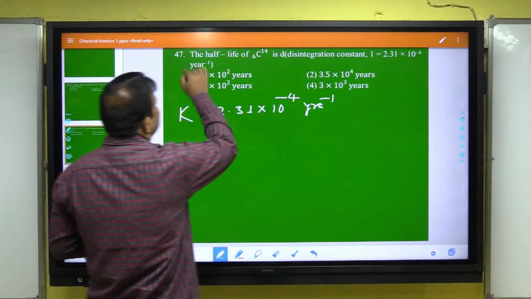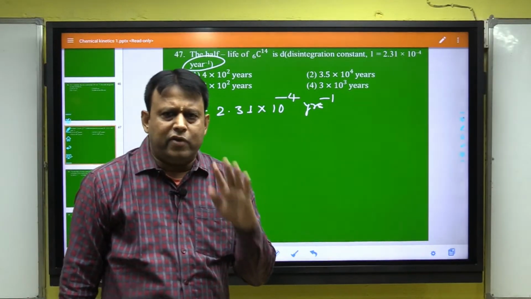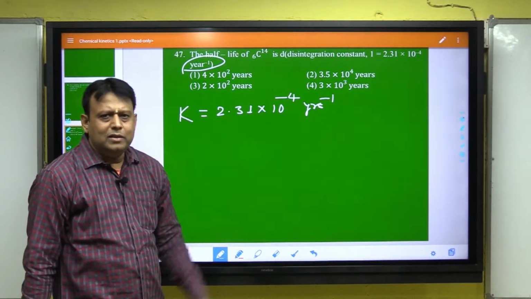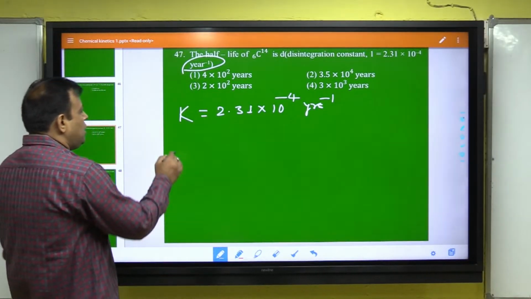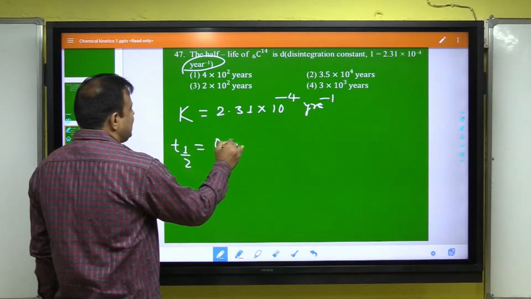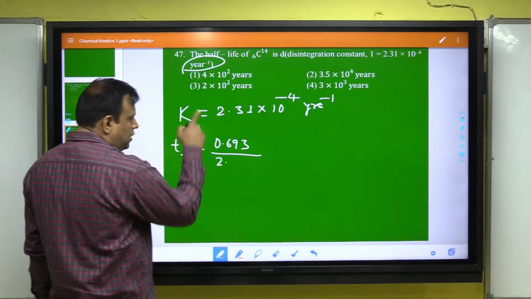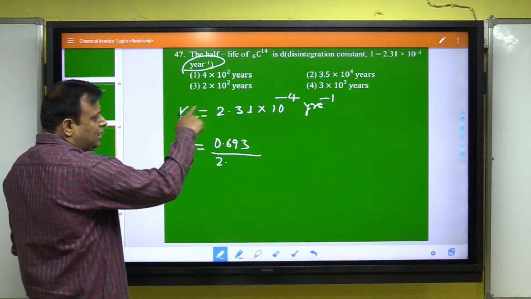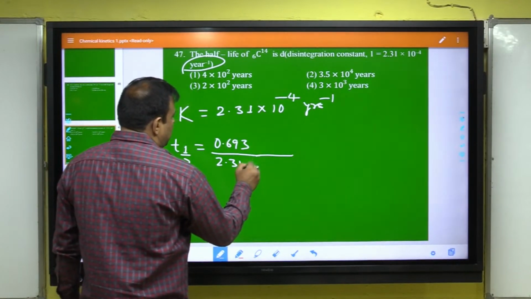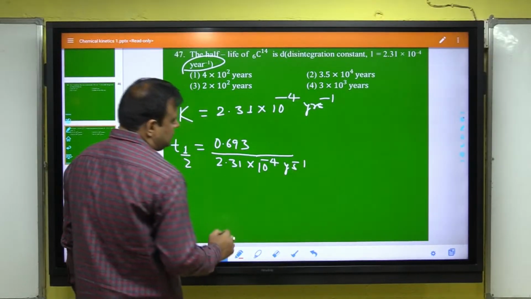And when it is years inverse, time inverse, it is first order kinetics. The k is given, and what will be the half-life? The half-life, look at the board, is 0.693 by k, and k is given as 2.31 × 10 to the power -4 years inverse.